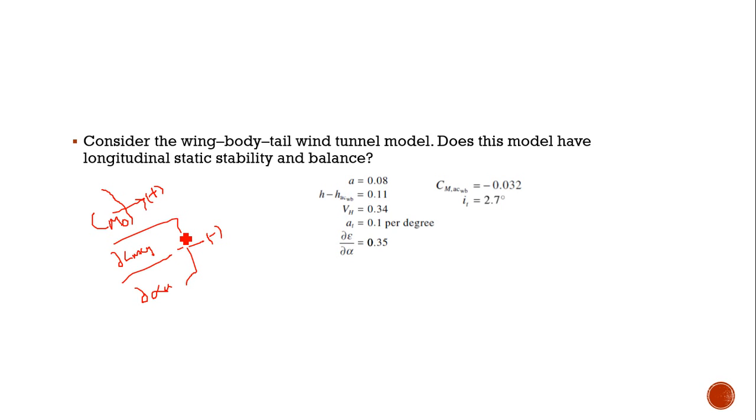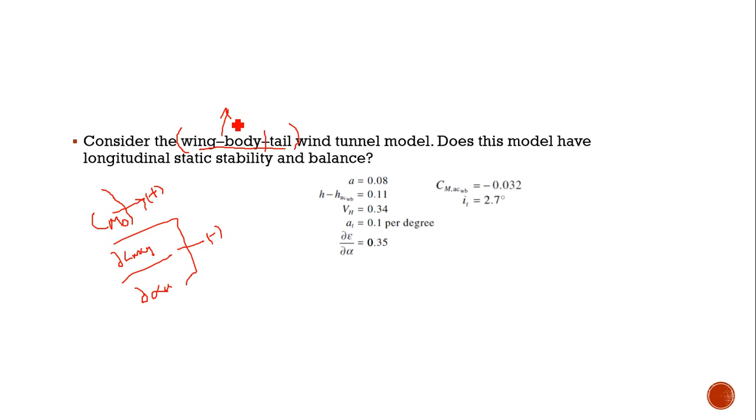So can you find the answers? Do you have the formulas for finding CM0 and dou CMCG divided by dou alpha A? And one more thing, if they give the wing body tail combination, you should consider the formula for the wing body and tail combination. If they have only given the wing body combination, just take the formulas for the wing body combination.